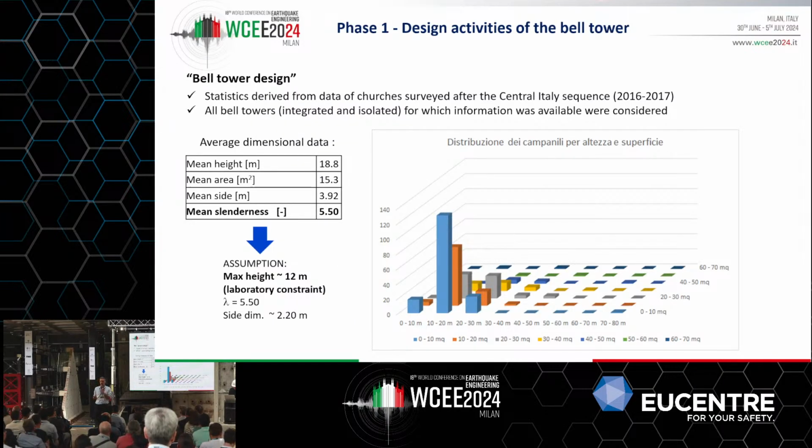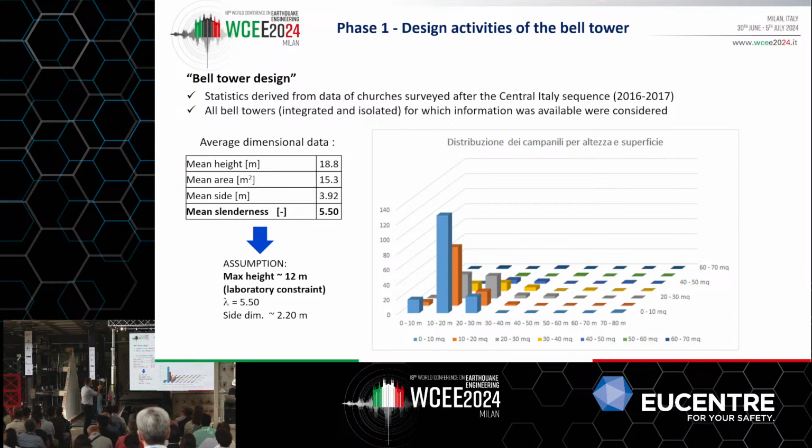So first of all, as I already told you 5 minutes ago, we did the statistics in order to design the tower. Through the statistics, we see that in some regions in Italy, the average height of a bell tower is about 19 meters, and the slenderness is about 5 to 6.